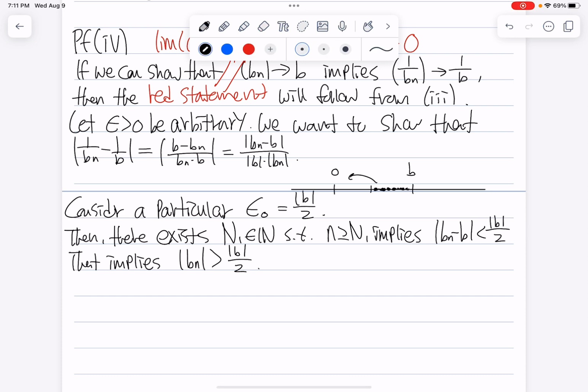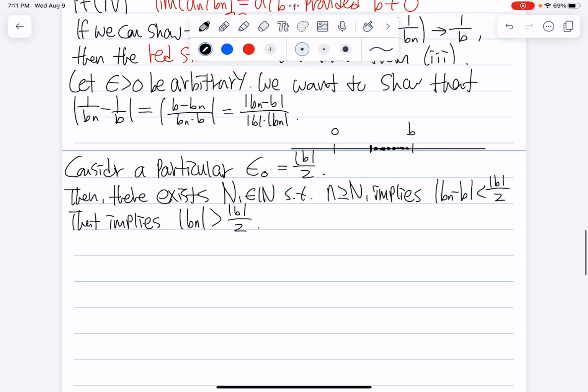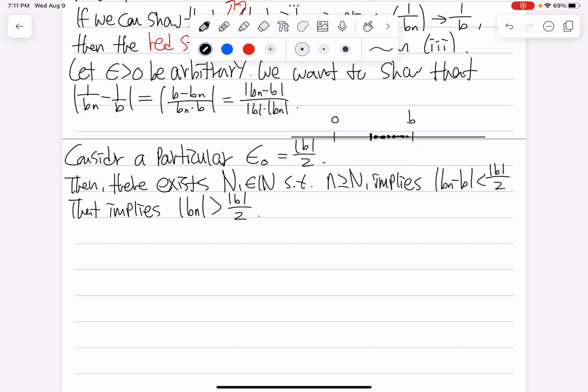And as you can see, each of these bn terms is going to be greater than the half length of b. So we know that such an N1 exists. All right, that's going to be the key of our proof.